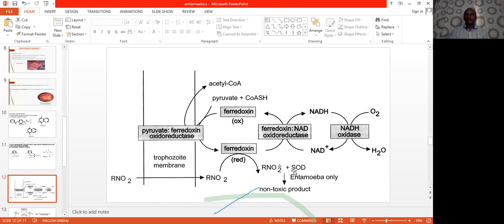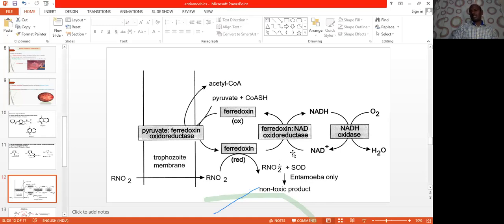This is superoxide dismutase, which is only present in Entamoeba histolytica, that you don't need to worry about. So here the nitro group will be converted into oxygen which is having a radical, that is superoxide, so which gives the radical oxygen, which gives the superoxide.